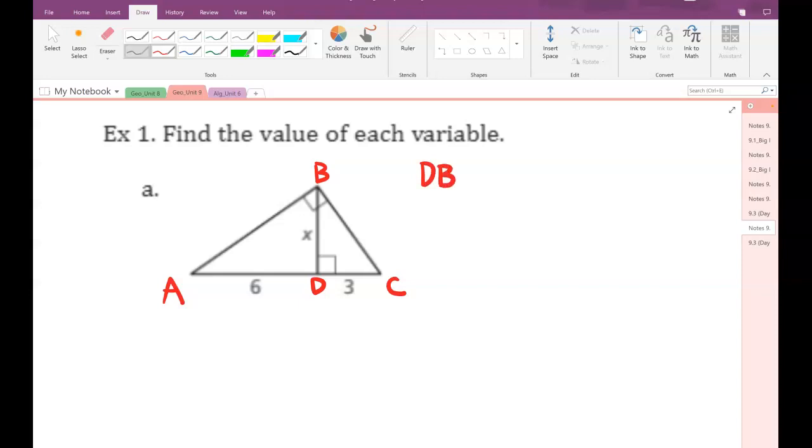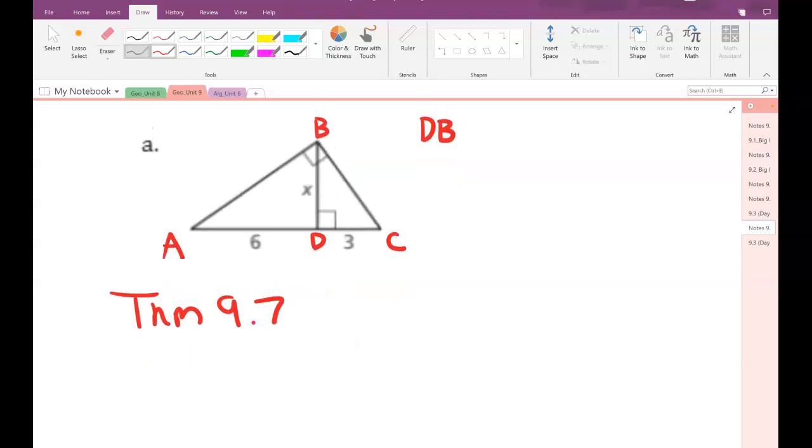Well, the first theorem that we had on our page, 9.7, is to find altitude. So I'm going to be using theorem 9.7. And that says if I take my altitude squared, so DB squared, that's equal to the two segments of my hypotenuse multiplied together.